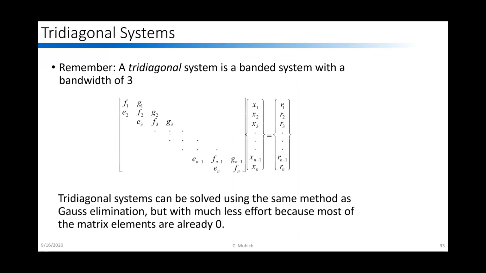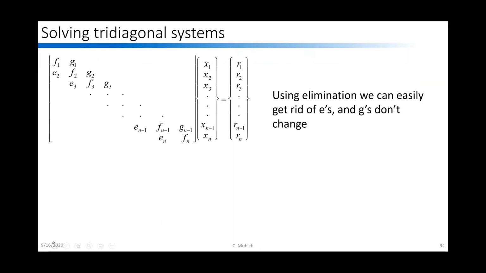Where this is going to come in is the fact that we can get rid of the first element in each row without having to worry about the G's, the last element. So I can start altering, I can get rid of E2. I don't have to change G2 because that first row is 0, so anything that I subtract off is going to be multiplied by 0.